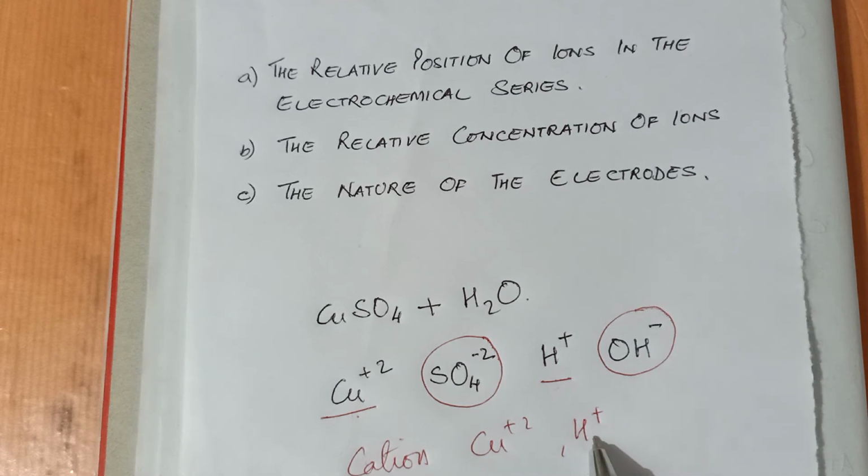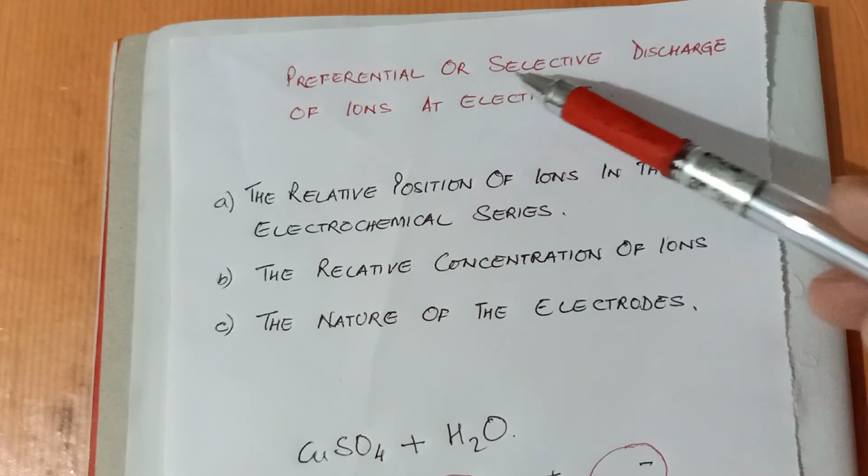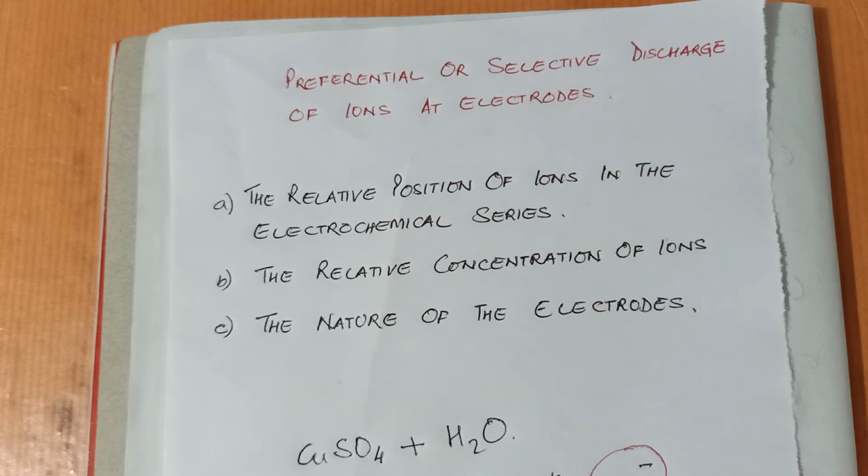Both copper and hydrogen ion cannot move towards the cathode. Only one ion moves towards the cathode. So out of these two, which one moves or gets discharged at the cathode? That choice is known as preferential or selective discharge of ions at the electrode.